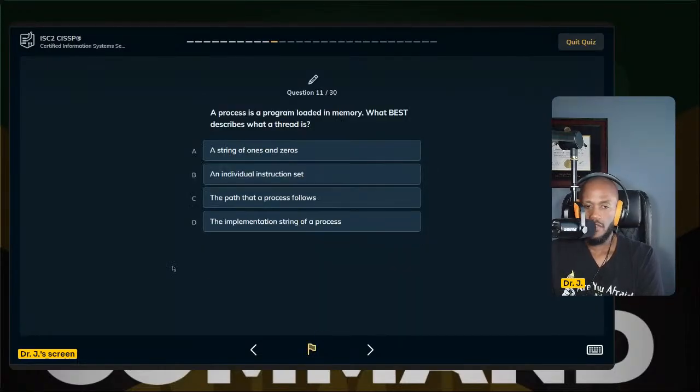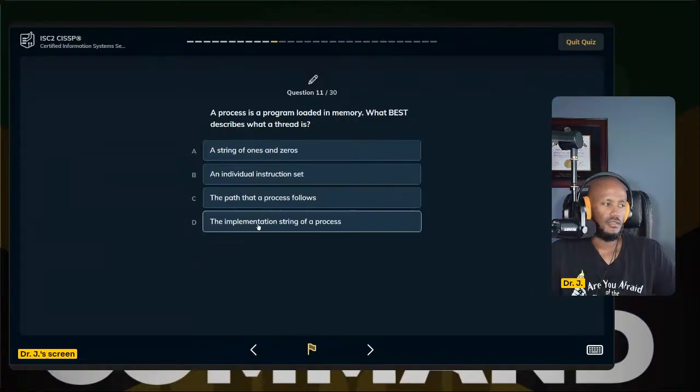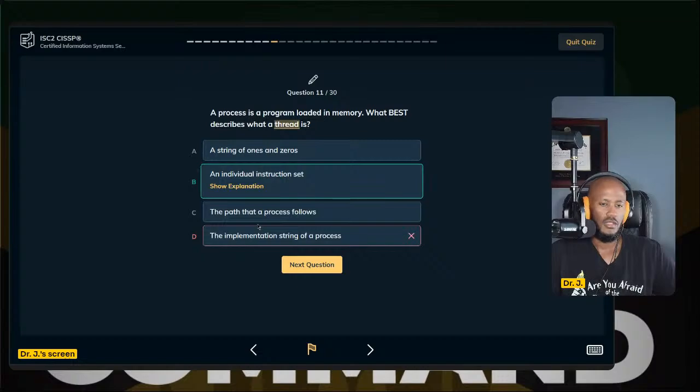A process is a program loaded in memory. What best describes what a thread is? I think this is Delta. Oh, instruction set.